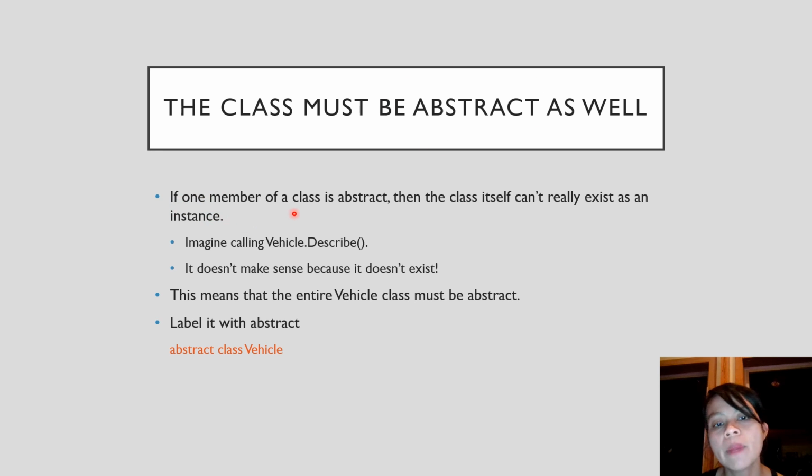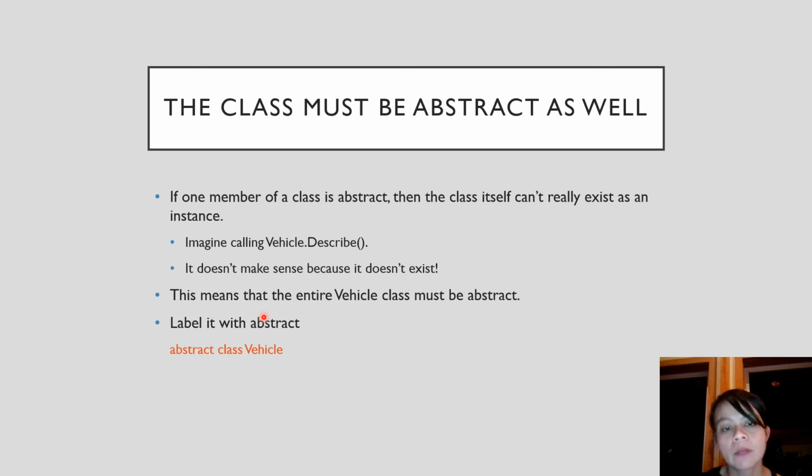So if one member of a class is abstract, then the class itself can't really exist as an instance. So imagine calling vehicle.describe, right? The method vehicle describe. It doesn't make sense because it doesn't exist. So this means that the entire vehicle class must be abstract.